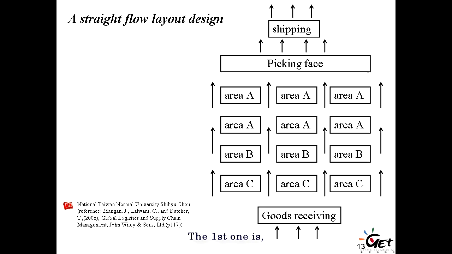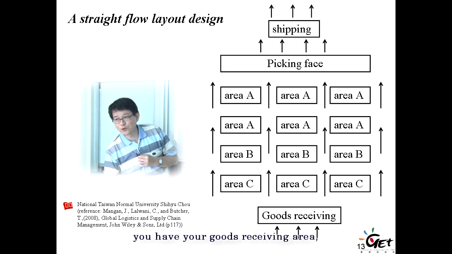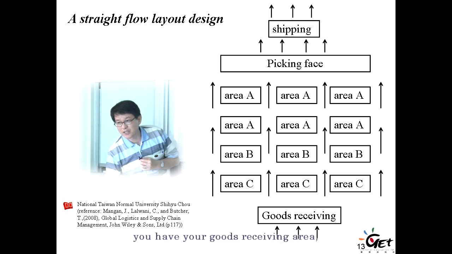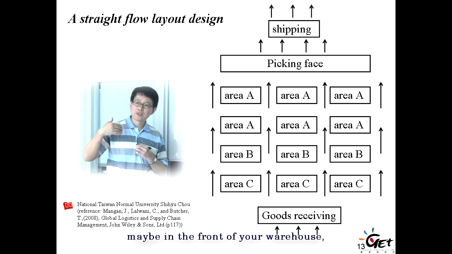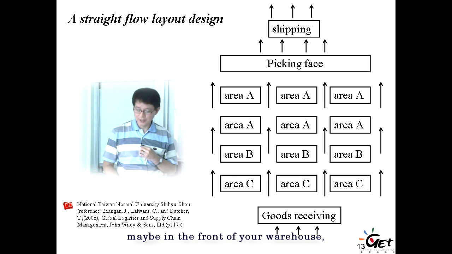The first one we call the straight flow layout design. In this design, from the goods receiving to the goods dispatching, basically, there are straight line types. So for this kind of warehouse, you have your goods receiving area, the receiving docks, maybe in the front of your warehouse.